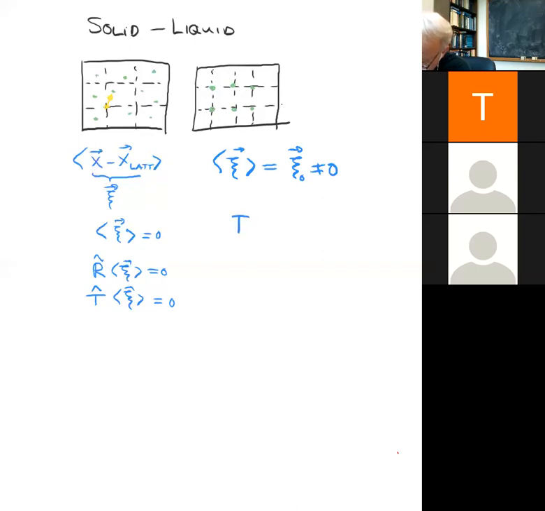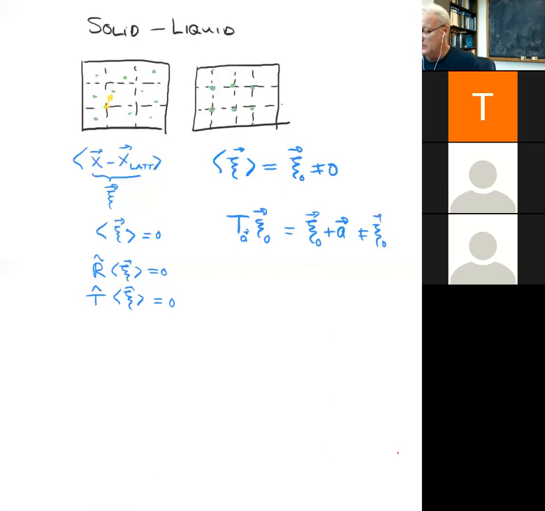If you act on this Xi naught with some kind of translation matrix, so you translate by some vector A, then of course translation just simply means we take Xi naught plus A. So this is in general not equal to Xi naught.